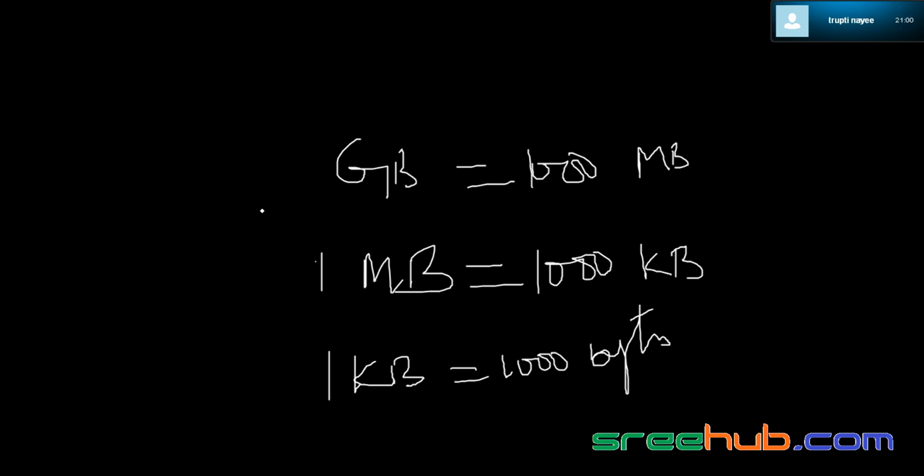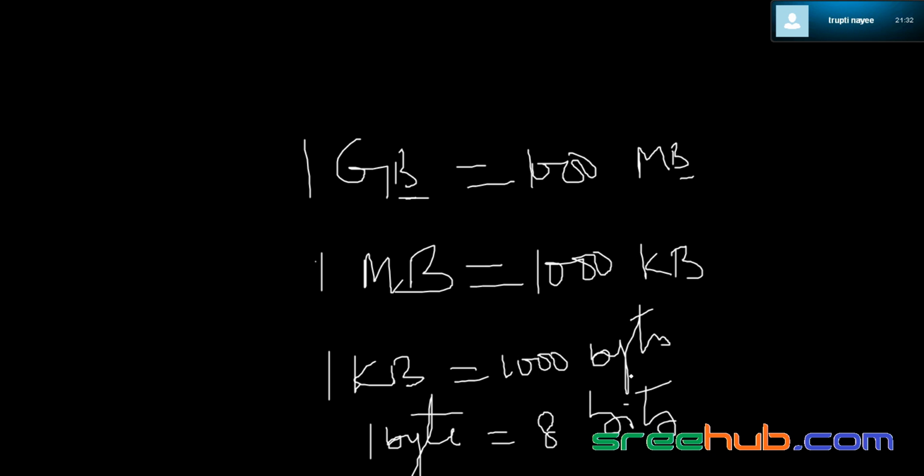So this is the convention we follow: 1 GB is equal to 1000 MBs, 1 MB is 1000 KBs, and 1 KB is 1000 bytes. Here B is bytes, and at the low level we have a convention that 1 byte is equal to 8 bits.